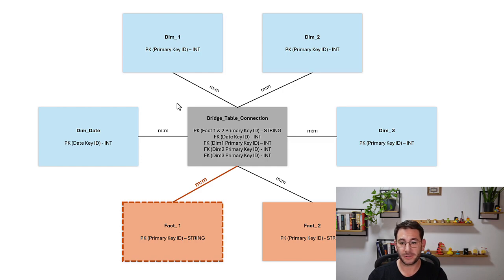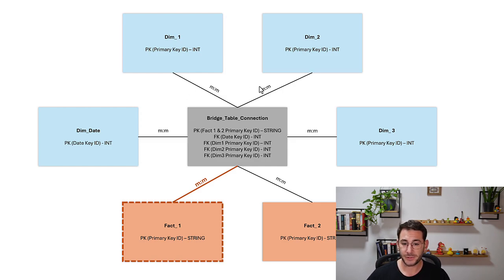You can see here there's a mistake, but the dimension tables don't actually have a many-to-many relationship. They have a one-to-many relationship. But of course all the relationships that you would see here would be bidirectional.